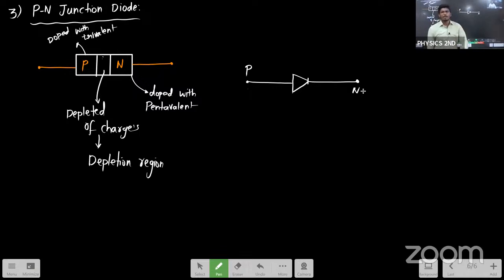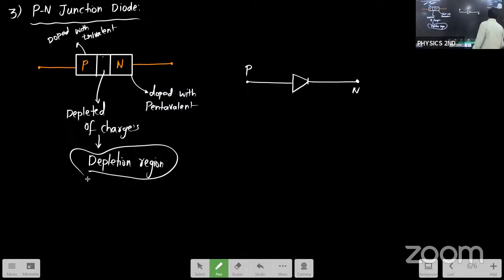When a pure semiconductor is doped in such a manner that half part is doped with trivalent impurity and the other half part with pentavalent impurity, we get a PN junction diode. In a PN junction diode, there is a region that is depleted of charges, and that region is called the depletion region. I hope you understood the small definition for PN junction diode and depletion region.